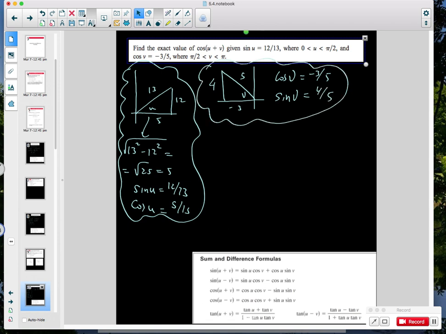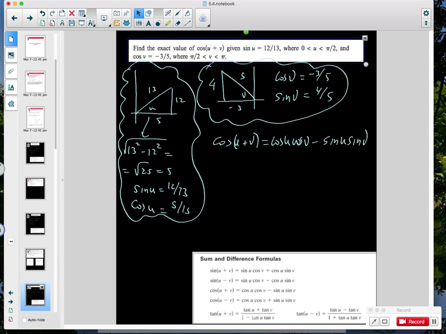So now it's just a matter of using the formula. Cosine of u plus v is cosine of u cosine of v minus sine of u sine of v.